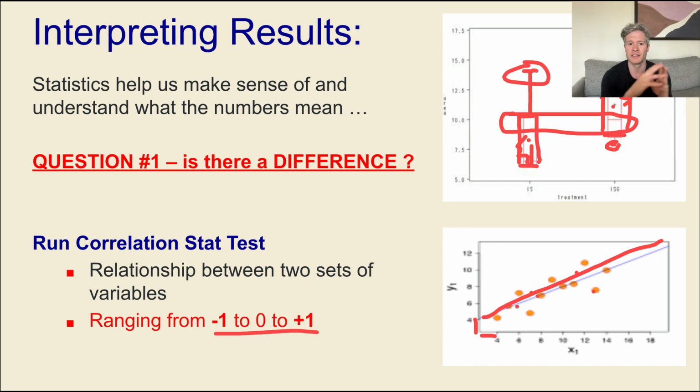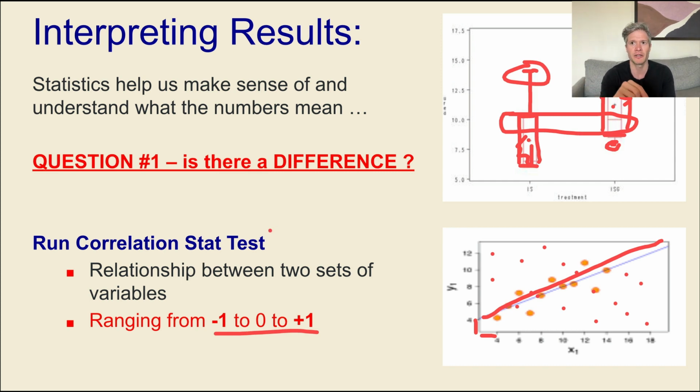But if it's a score of 0, there are so many scores all over the place that these two variables don't share much relationship at all. If it's 0, there is no relationship. It's all too random. So in that sense, we're saying these variables are very different. There's no relationship between them.